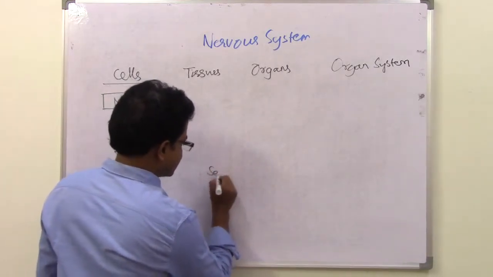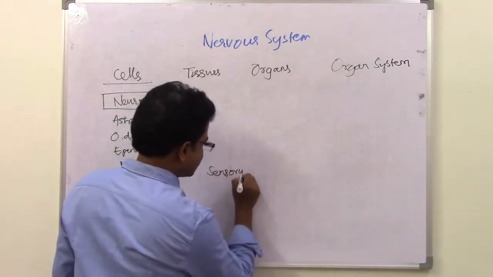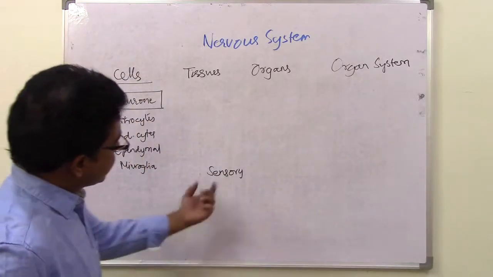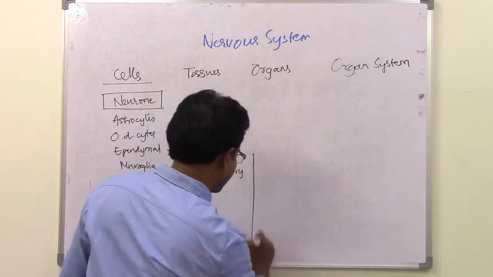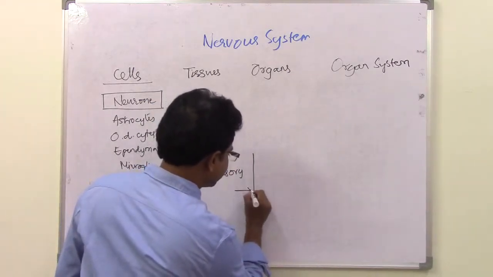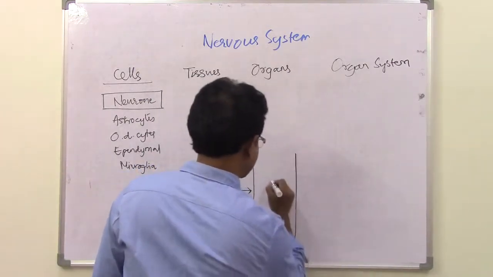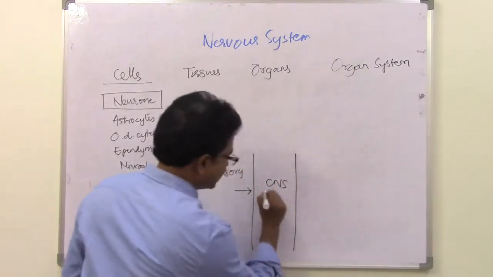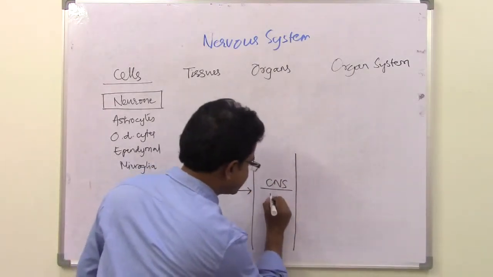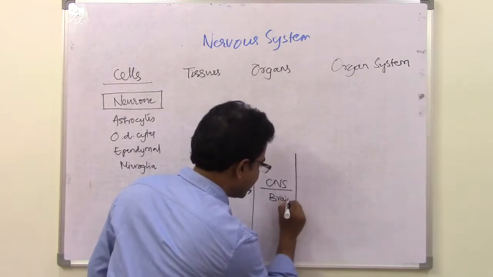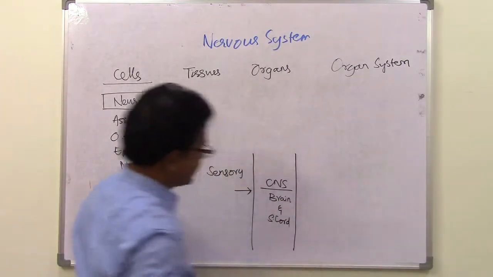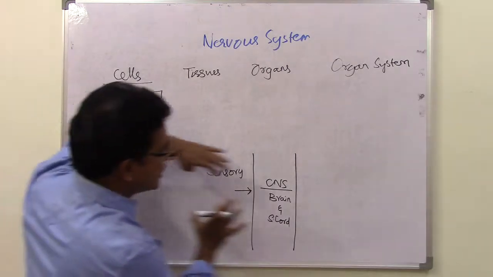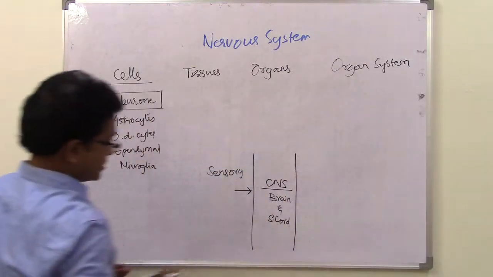The neurons that are taking in information are called sensory nerves, and they send information to the central nervous system. The central nervous system is basically the brain and spinal cord. All the sensory input is going into the central nervous system.